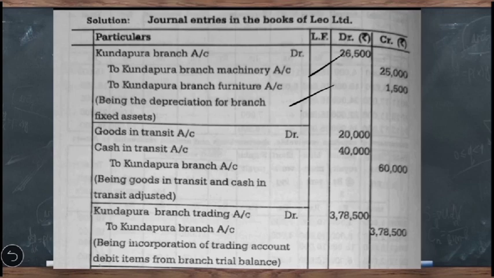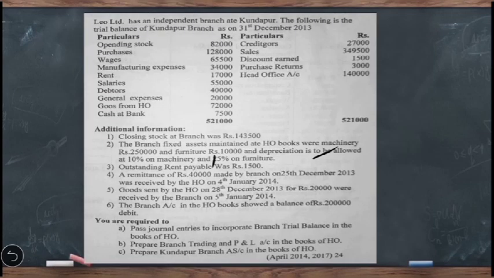Then the second adjustment, that is special transaction, is the fourth one, that is a remittance of rupees 40,000 made by the branch on 25th December 2013 was received by the head office on 4th January 2014. The financial year ends on 31st December 2013. Till then the head office did not receive the cash remitted, so it will be considered as cash in transit amounting to 40,000.